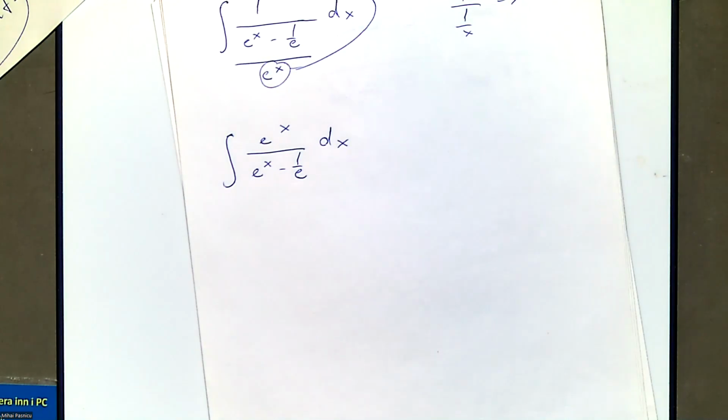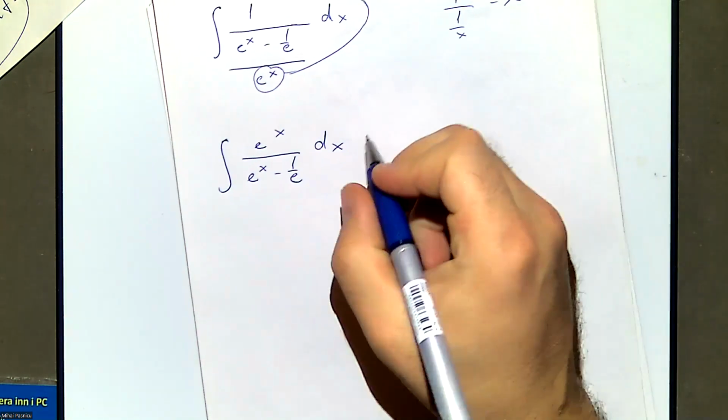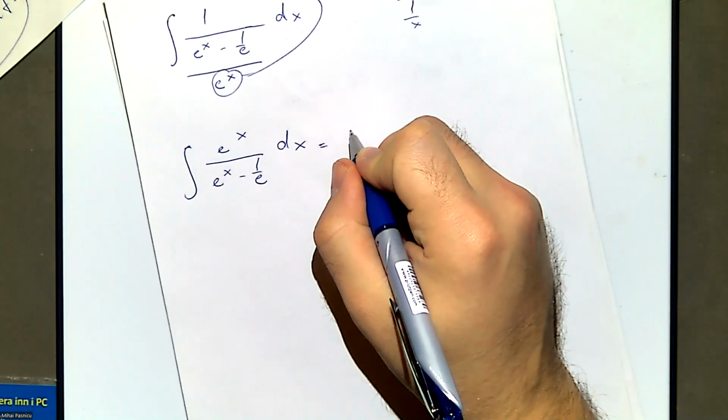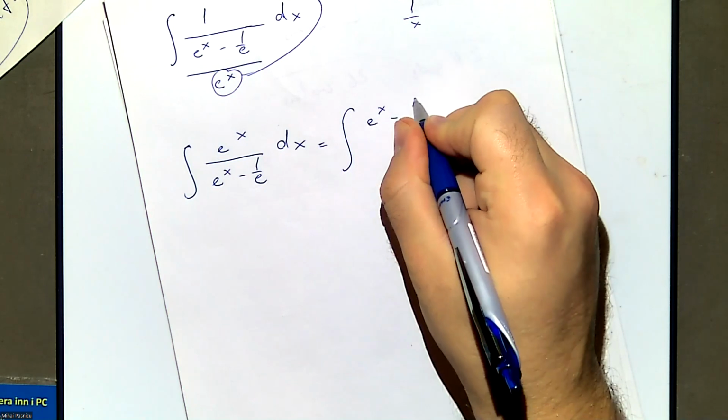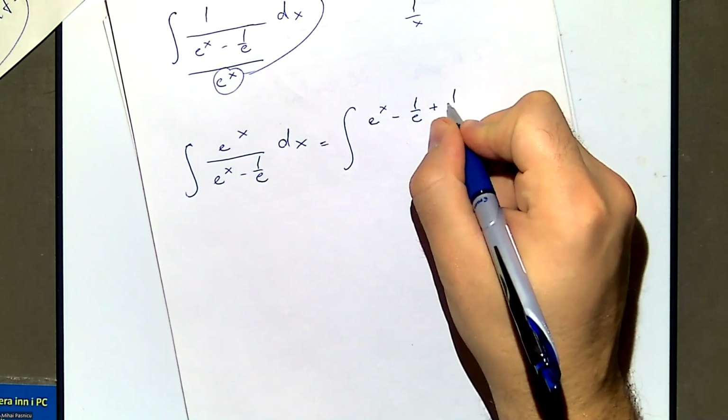I don't know really what to do here, but I have an idea, I guess. I don't know if it's the correct one. We'll see. I'm just going to write the integral of e to the x, and I'm going to do minus 1 over e plus 1 over e.